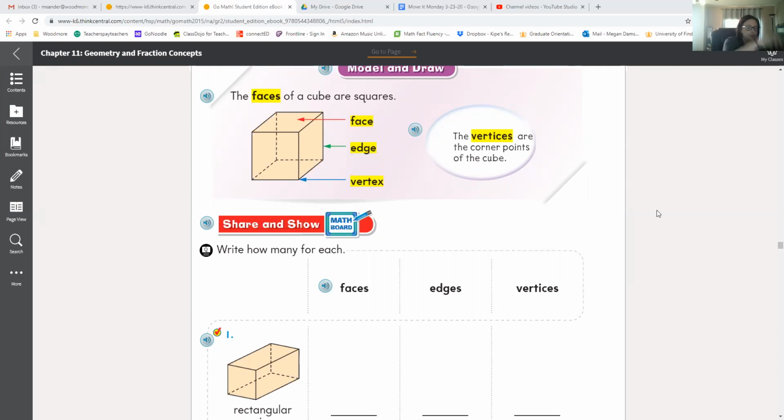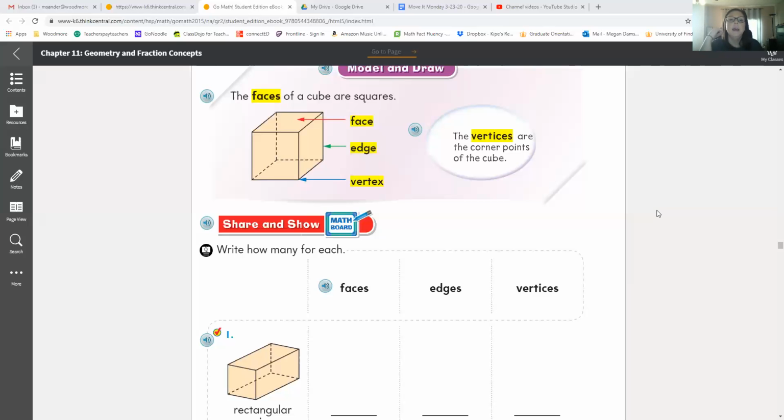So let's first go back and talk about what an attribute is. An attribute is just a way that we describe a shape. So when we're talking about 3D shapes, there are 3 attributes that we're looking at. And I have them pulled up on your screen right now. They are face, edge, and vertex. So a face is basically just the flat surface of a 3D shape.